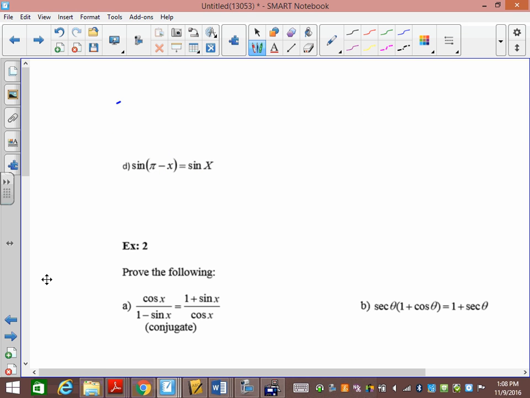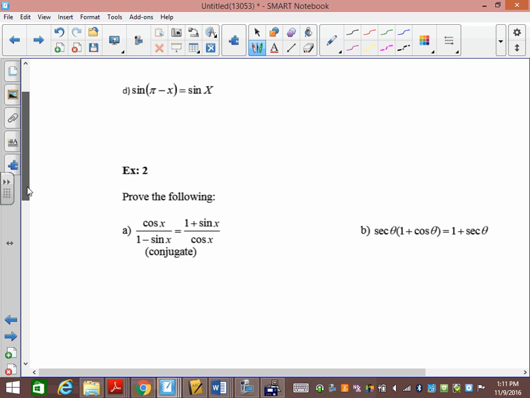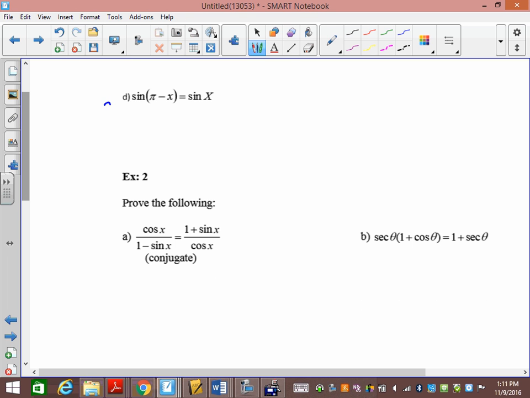Try D. So sine pi minus x is going to be sine pi cos x minus cos pi sine x equals sine x.